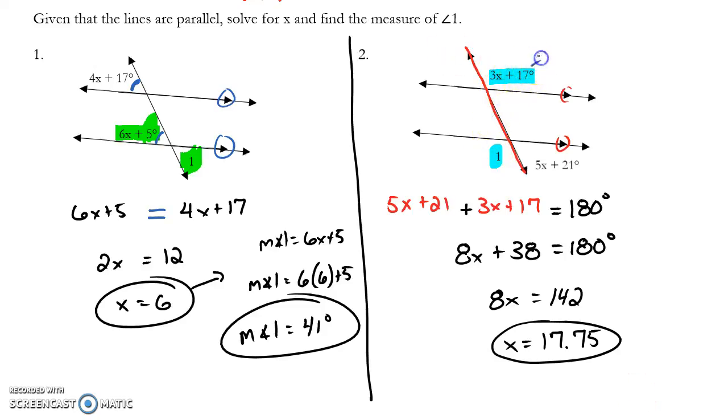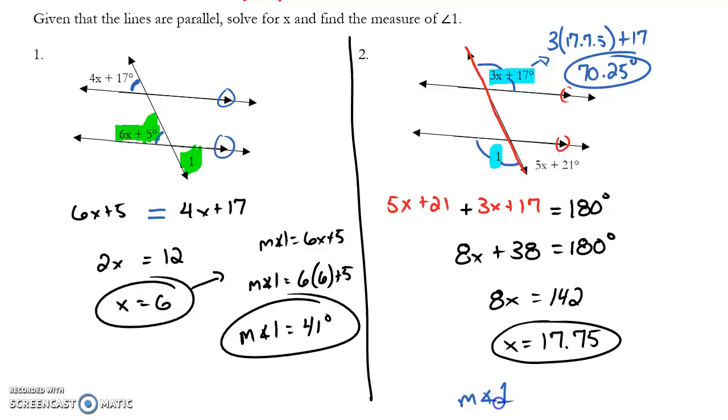So if I substitute into x here, 3 times 17.75 plus 17, that's the same as the measure of angle 1. When I calculate this, I get this angle to be 70.25 degrees. That's the measure of this particular angle.